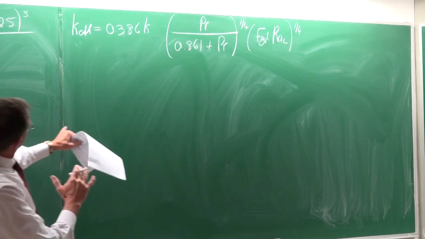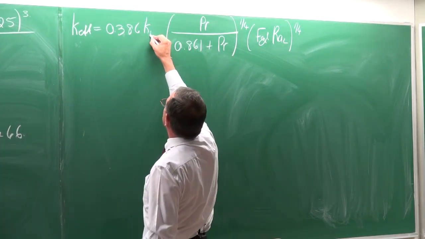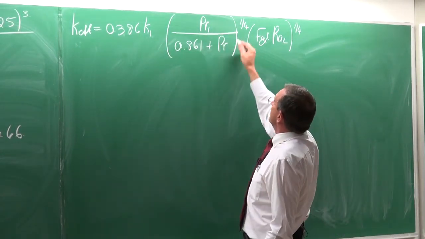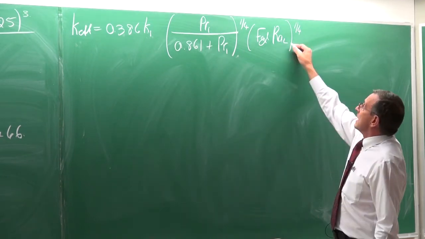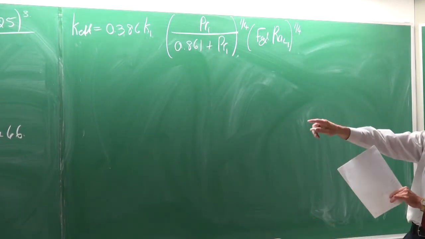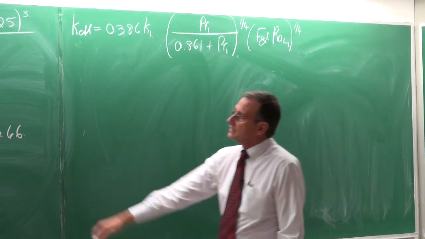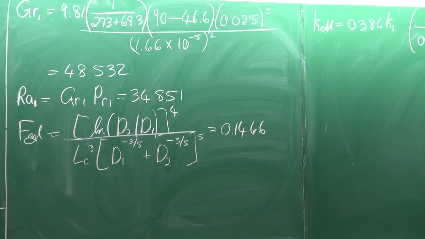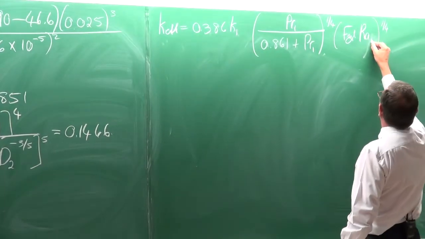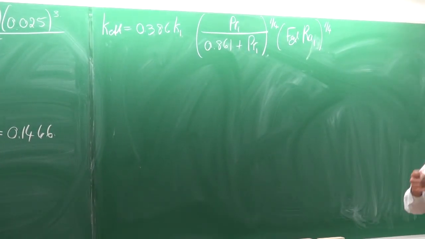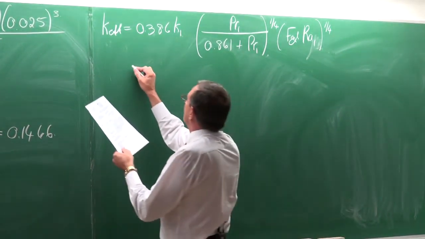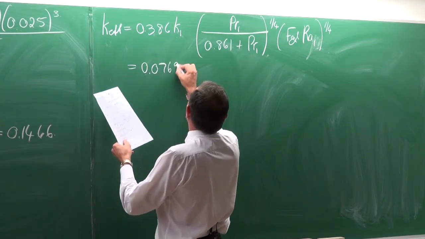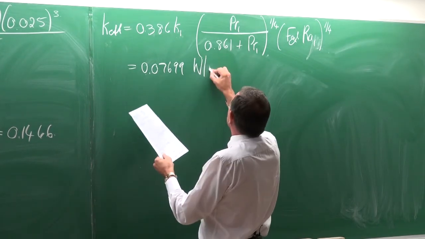Again, I don't want to waste your time, so the K would be K at 1, Prandtl would be at 1, and the Rayleigh would be the Rayleigh we've just calculated, Rayleigh 1. So let's change this to Rayleigh 1. Plug it in, and you will get an effective thermal conductivity of 0.07699 watts per meter Kelvin.